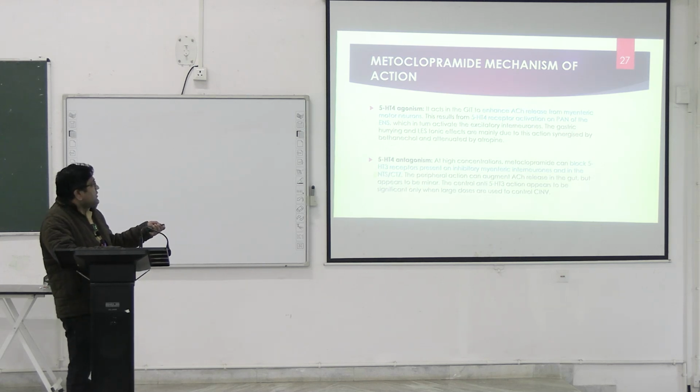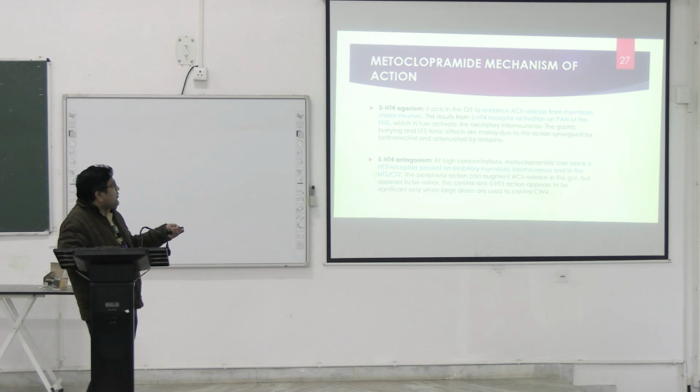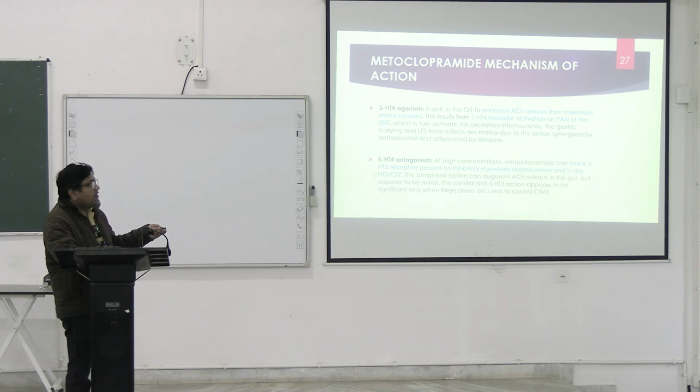They act on the gastrointestinal tract to enhance acetylcholine release from the myenteric motor neurons. This results from 5-HT4 activation on the intrinsic PAN, that is the primary afferent neuron of the enteric nervous system.